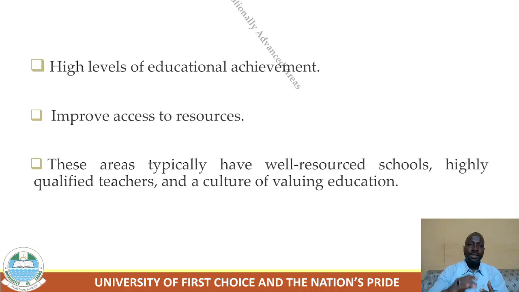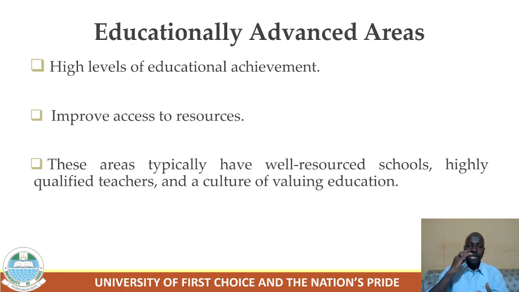Then the other area that we can talk about in the applications of school mapping exercise is the educationally advanced areas. Of course, they share the opposite characteristics of the educationally backward or disadvantaged areas.